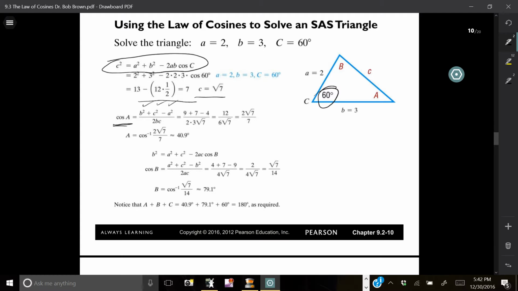Now plugging in for b equals 3 and c equals square root of 7, squaring them. a is 2, so a squared is 4. Divided by 2bc, we get that cosine of A is equal to 2 square roots of 7 over 7. And I'm going to do this on the calculator.